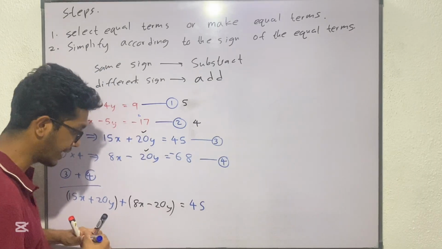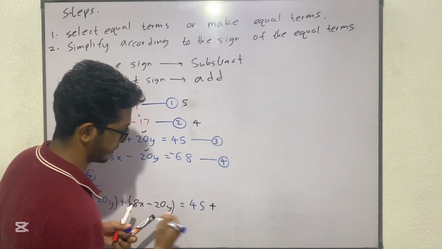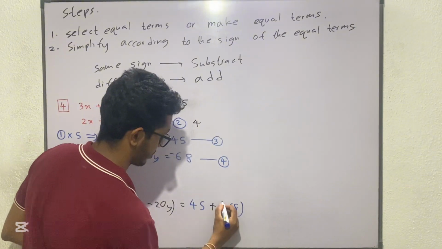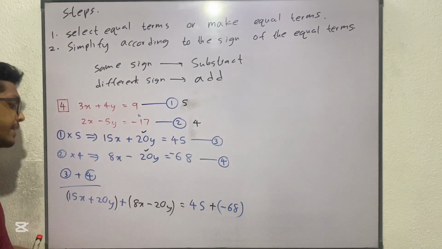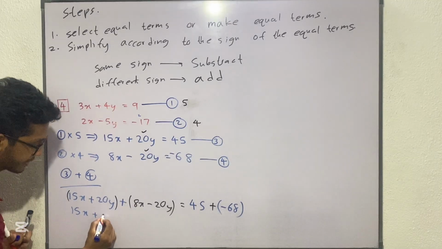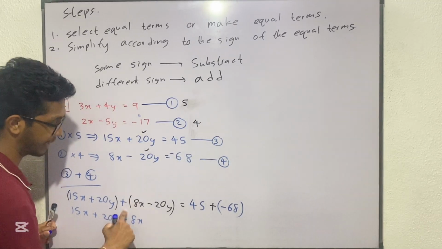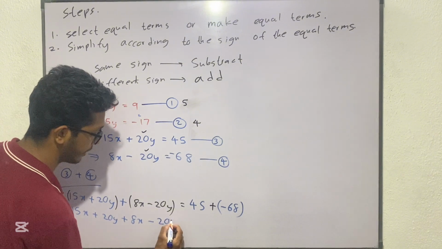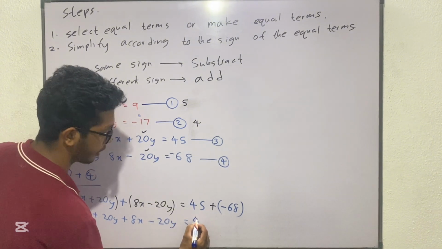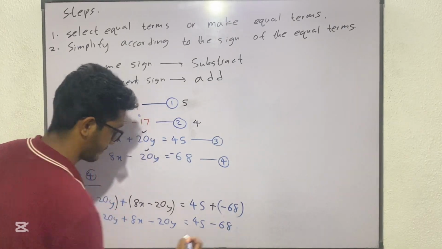Then I am going to remove the brackets. 15x plus 20y, plus into plus we get plus 8x, plus into minus we get minus 20y, equals 45, plus into minus we get minus 68.